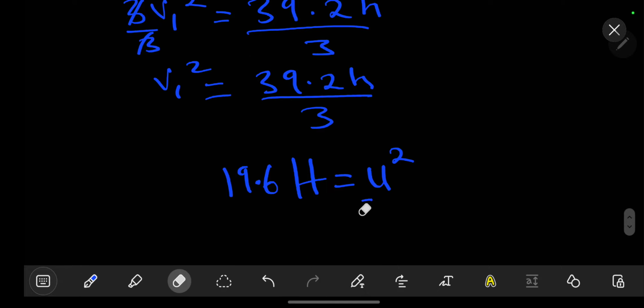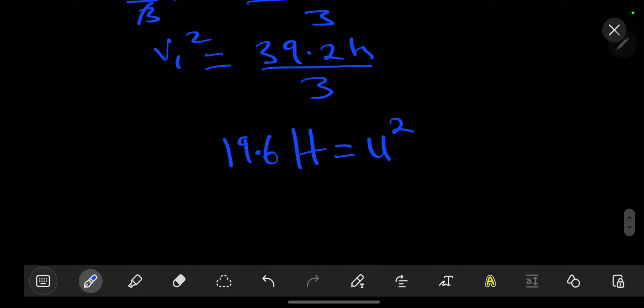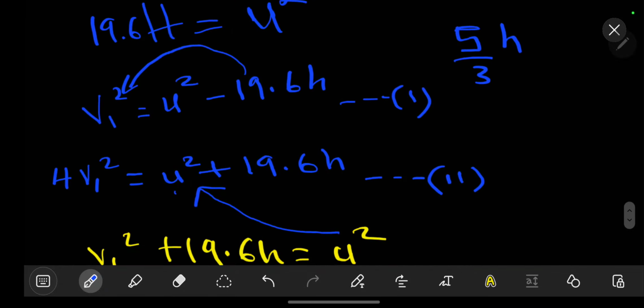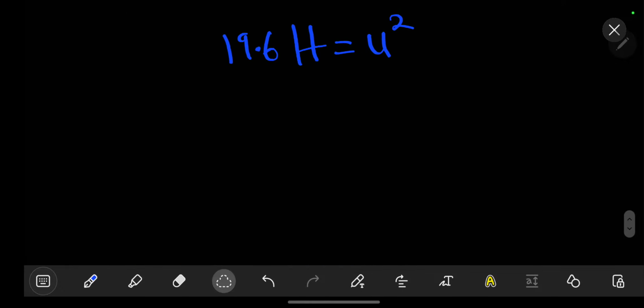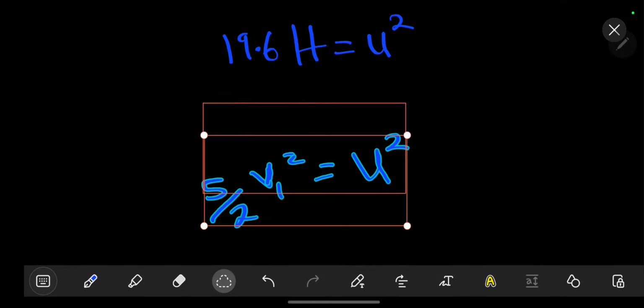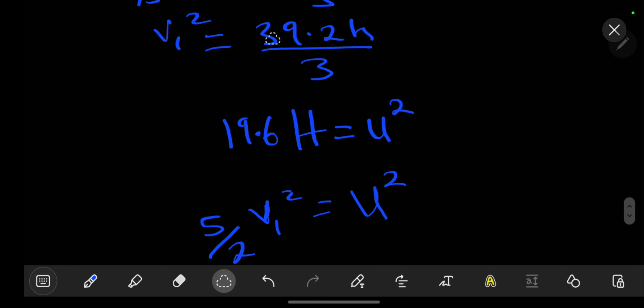Then finally, our other equation was also saying that if we get this other equation, which one was that we got? It's this equation. So just getting this equation, we are going to copy this and get the equation there. We are going to find that our v1 squared is equal to 39.2h over 3. So where there is v1 squared, we are going to put this.